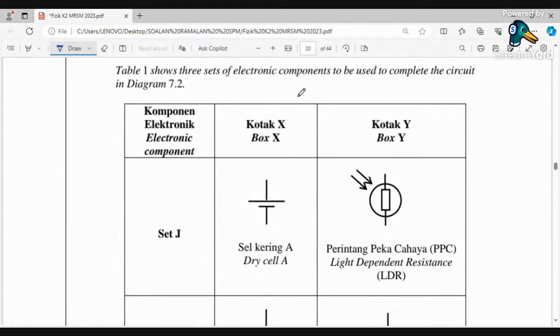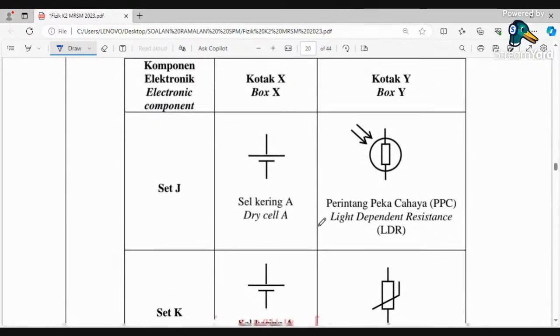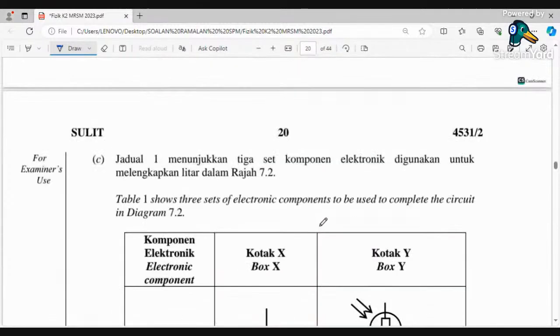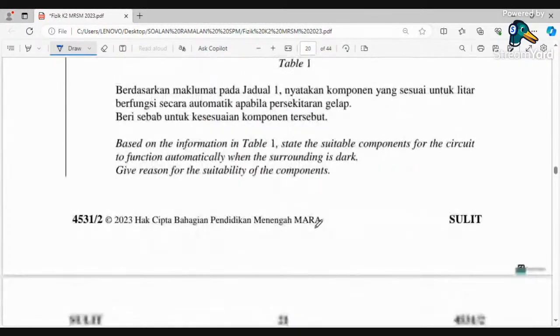Okay, electronic component used to complete the circuit in diagram 7.2. Kita ada J, K dan L. Function is the bulb lights up. Suitable component for the circuit to function automatically when the surrounding is dark.